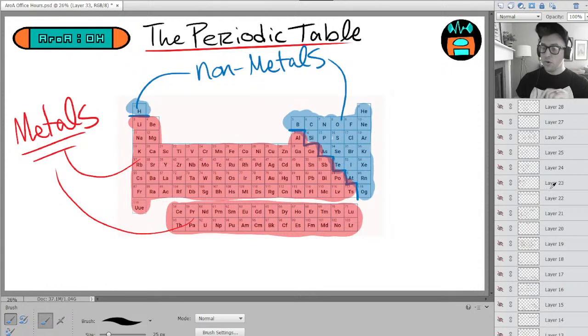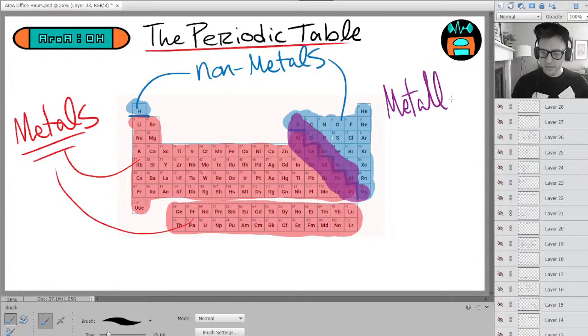There's a third category of thing. All the elements that occupy this region, touching that railroad track that divides metals from nonmetals, these elements are known as the metalloids.